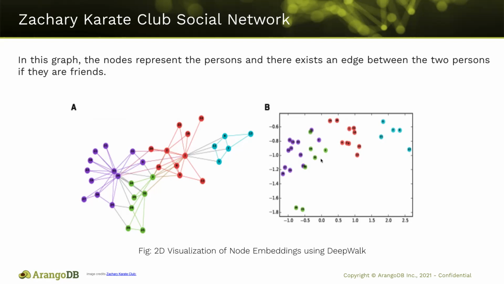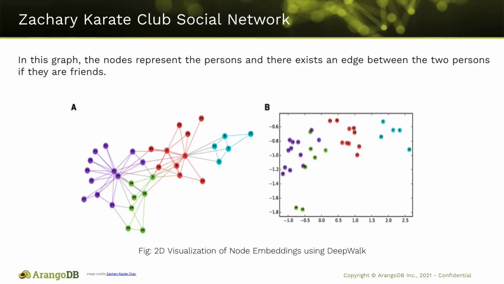If you analyze both of these diagrams, you will find that the mapping of nodes from the graph structure, from diagram A to diagram B, or from graph structure to this Euclidean space, is learned in such a manner that the distance between the nodes in the embedding space mirrors closeness in the original graph. That is, they are preserving the structure of the node's neighborhood.